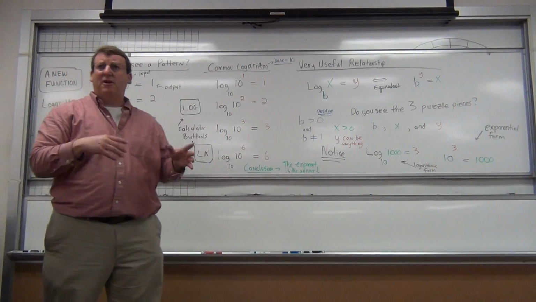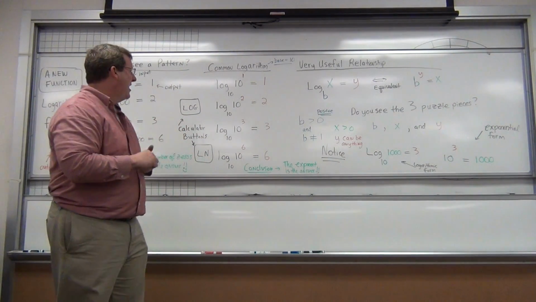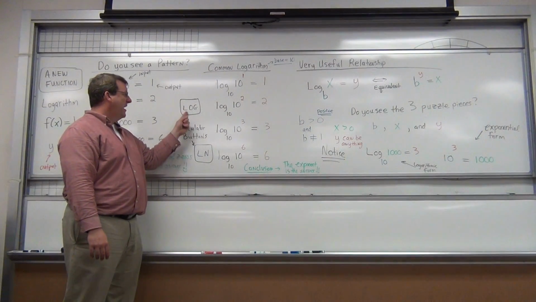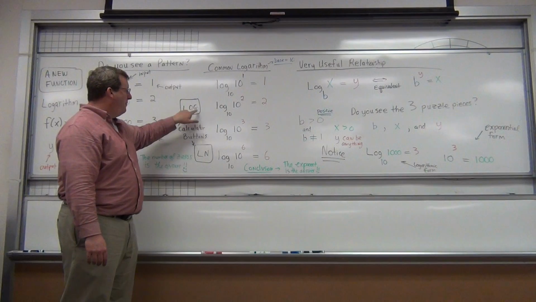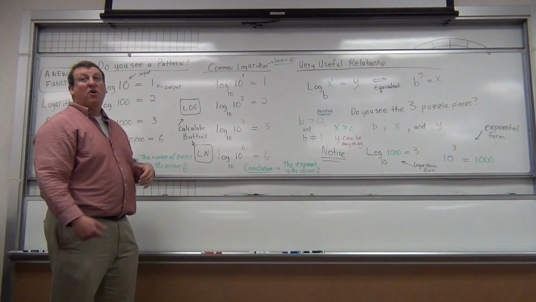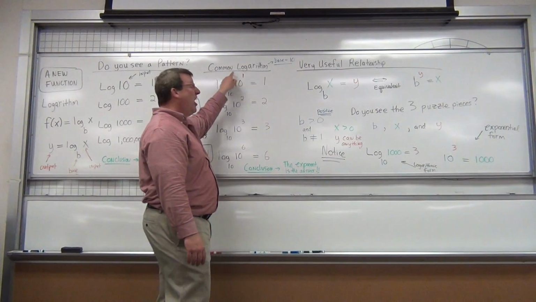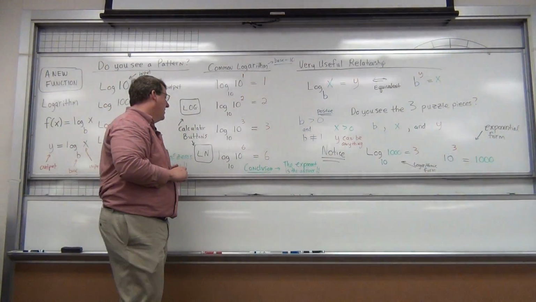Go to a calculator, if you have a scientific calculator, or your cell phone, look for your scientific calculator app. You'll likely find a button that has log. Now, you might also notice that there's no base. Well, most calculators, when they have log, are assuming something called a common logarithm. They don't even show you a base.